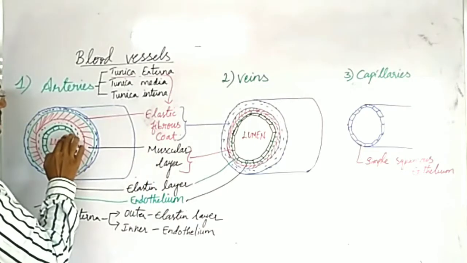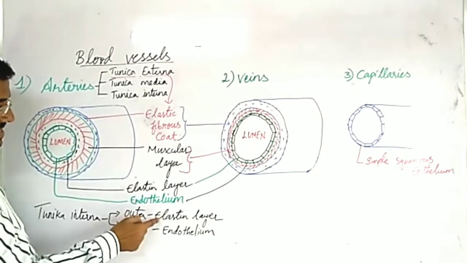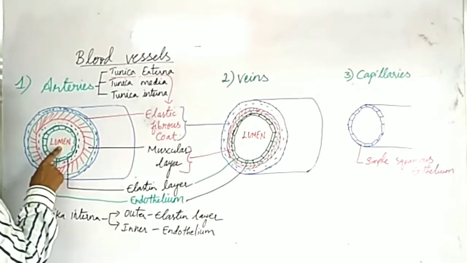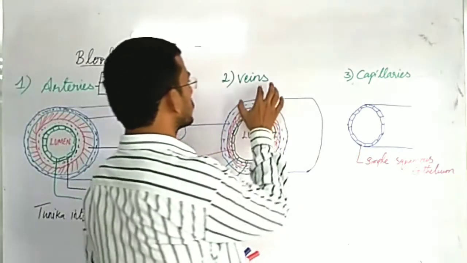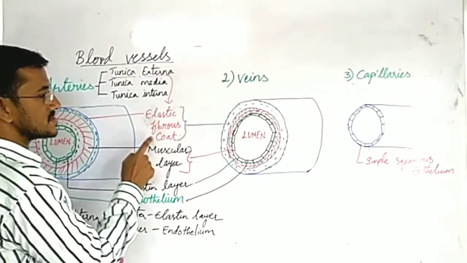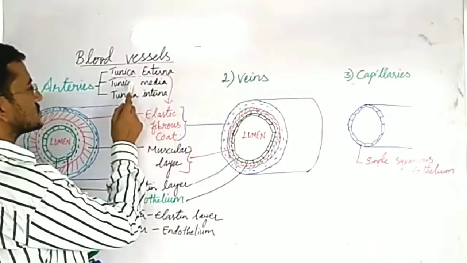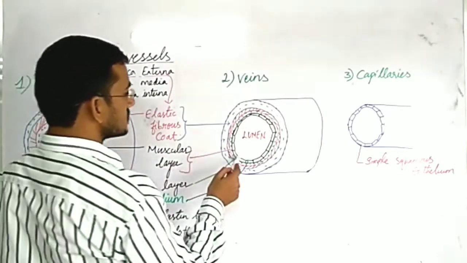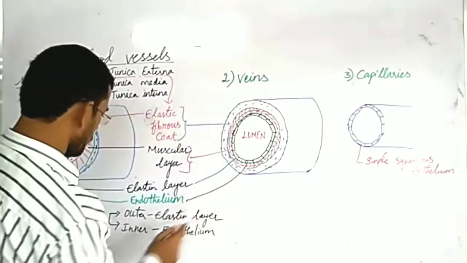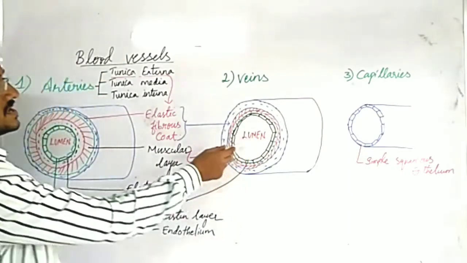Then these two layers are called tunica interna. The outer is elastin layer, the inner is endothelium, and the space which is present here is called lumen. The same with veins. This outer layer is tunica externa, made up of elastin fibrous coat. Then another layer is tunica media, a muscular layer. Then third, these two layers are tunica interna. The outer is elastin layer, the inner is endothelium, and the space present in veins is lumen.